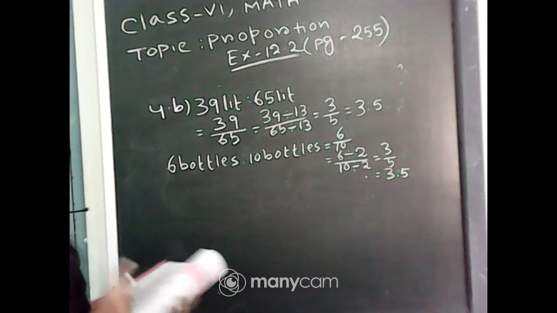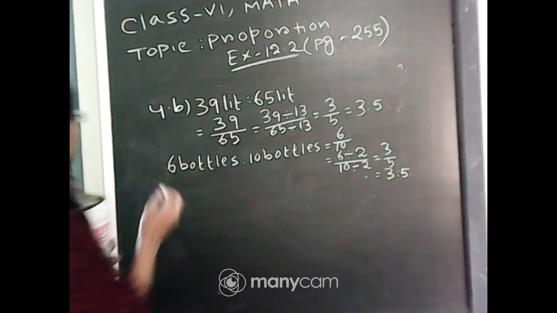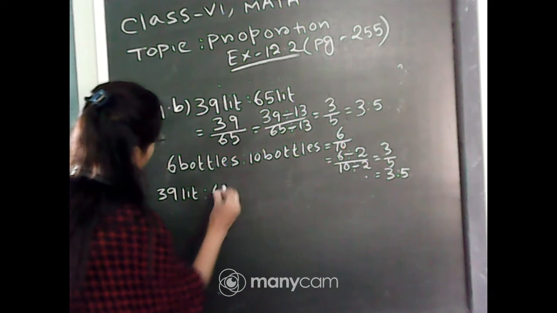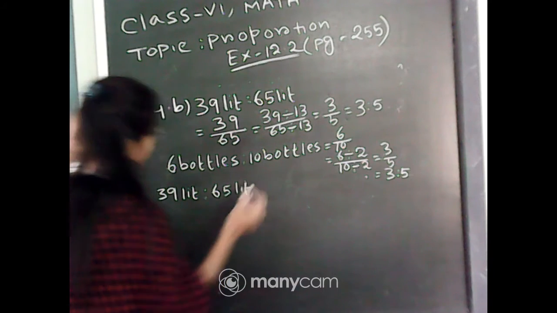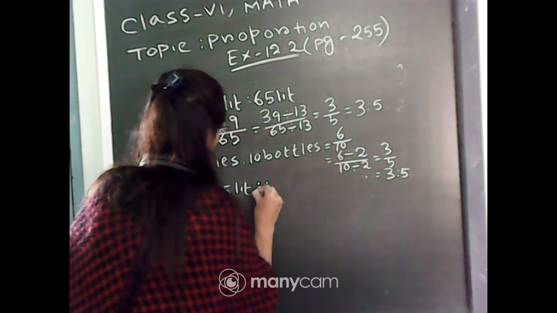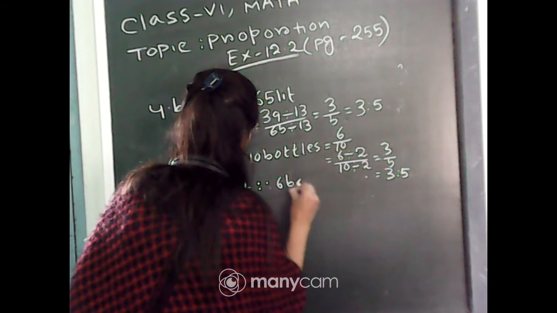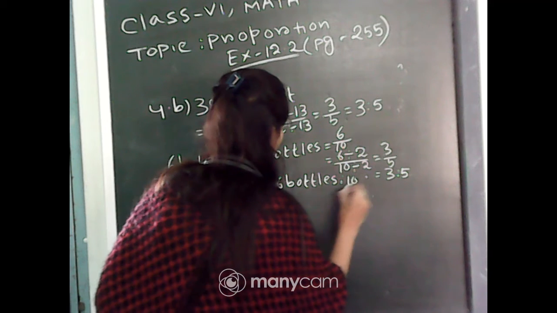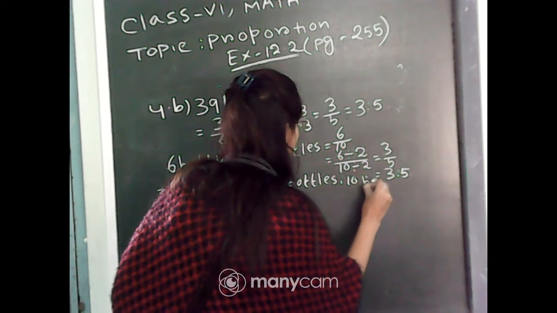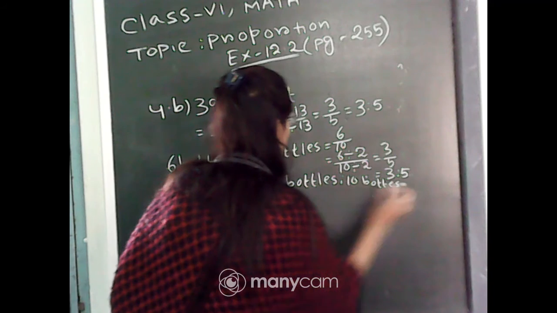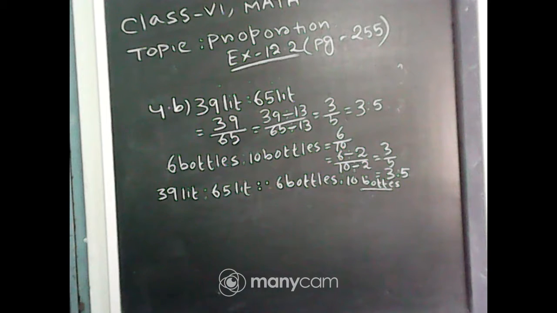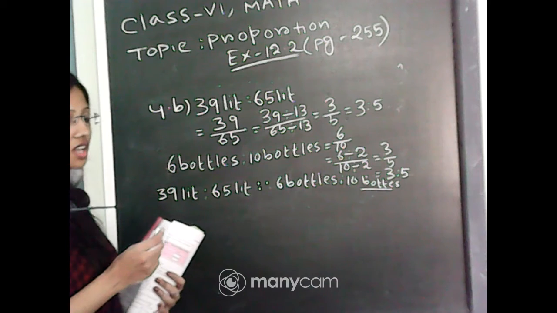Therefore, the following ratios form a proportion, that is 39 liter is to 65 liter, and 6 bottles is to 10 bottles. We know that in a proportion the first and fourth terms are the extreme terms and the second and third terms are the middle terms.